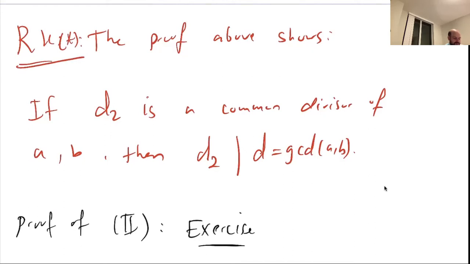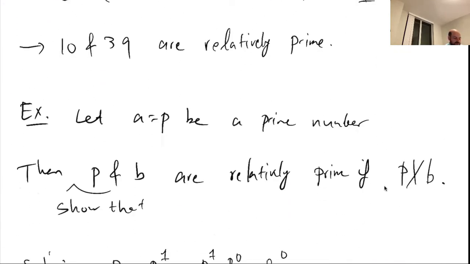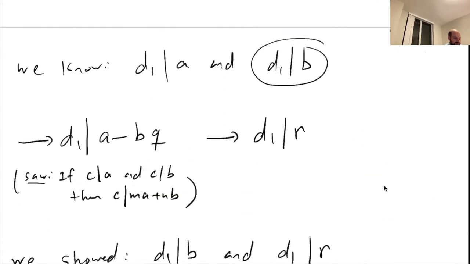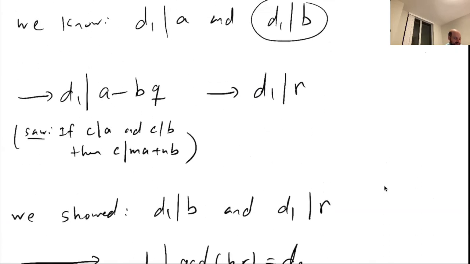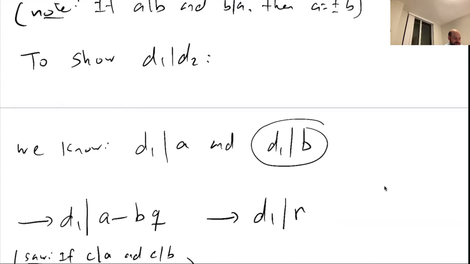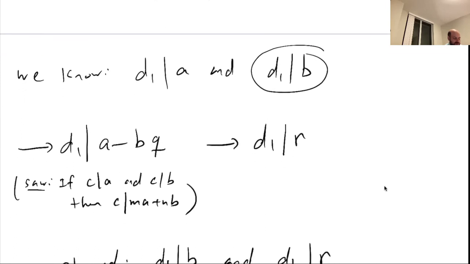If you have a common divisor of two numbers, the common divisor always divides the greatest common divisor of those two numbers. Here, I have a number D1, which is a common divisor of, originally the greatest common divisor of, A and B. But that implied that D1 is a common divisor of B and R. Why?